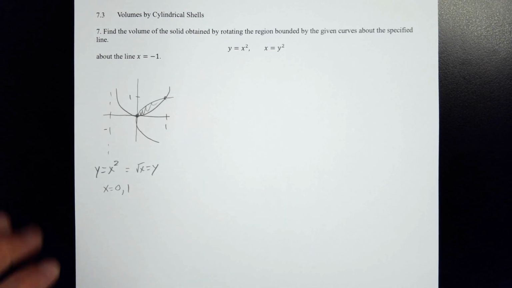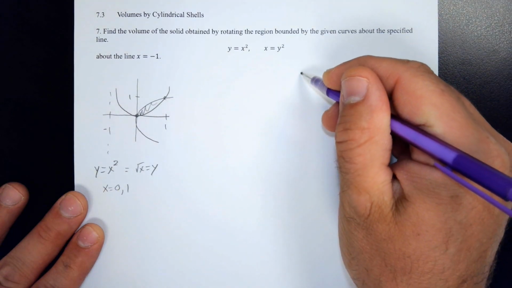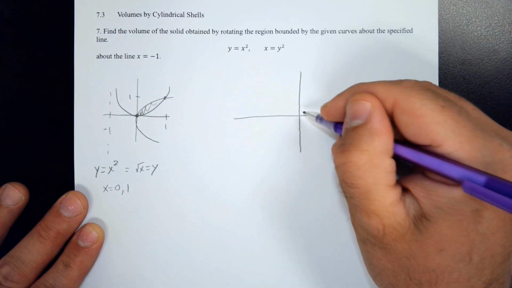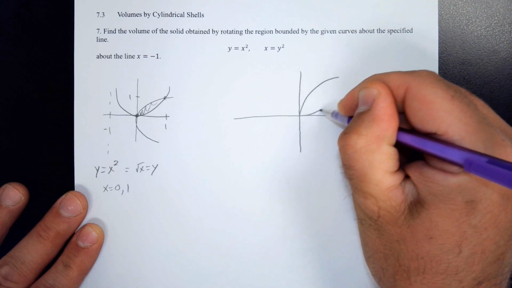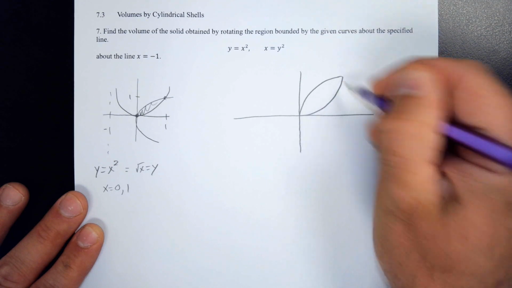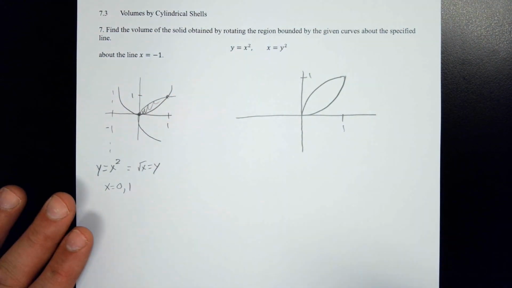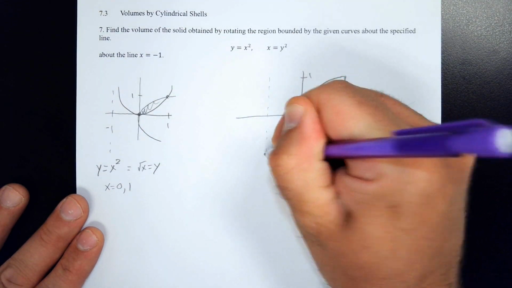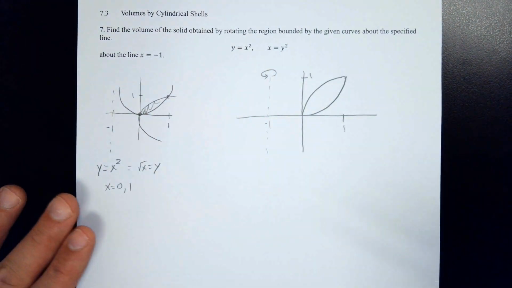Now let's try to sketch this region in a little bit more detail so we can use the cylindrical shell method. So I'll draw a slightly longer region. And I'll draw this shape where they intersect from 0 to 1 like that. And I'm going to draw a mirror image of this, revolved around the line x equals -1.